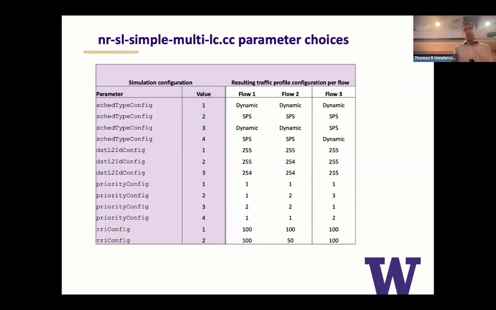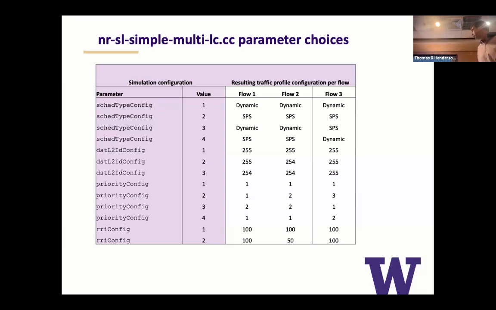And this table represents, and this is actually present in the comments in the beginning of the program, how if you set these various parameters at the command line to different values, you can affect the traffic profile configuration per flow. So as an example, if you're setting the scheduler type config to the integer 1, that means that all 3 flows will be configured for dynamic grants.